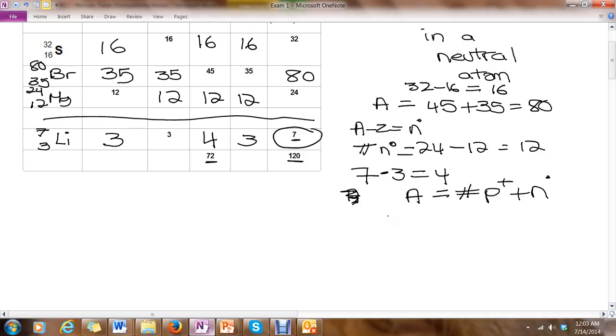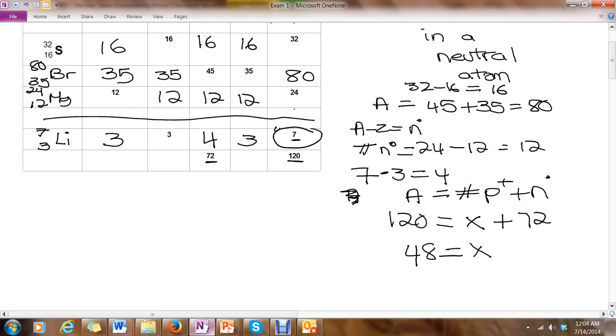And A we know is 120. We don't have the number of protons, electrons, atomic number, we're going to call it unknown, but we have the number of neutrons, which is 72. So yes, you subtract 72 on both sides, and it's 48.